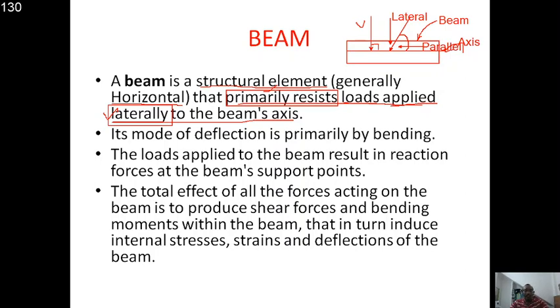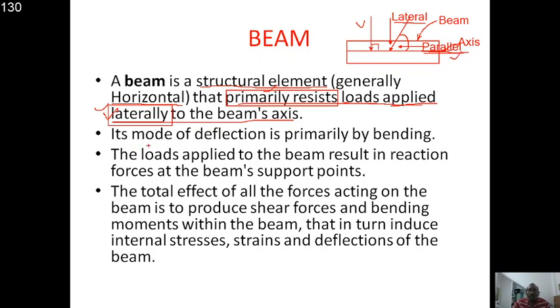Similarly, a beam primarily resists loads applied laterally. Generally they offer only this type of resistance, but some situations will come where the beam also has to take secondary forces, like parallel forces, right?